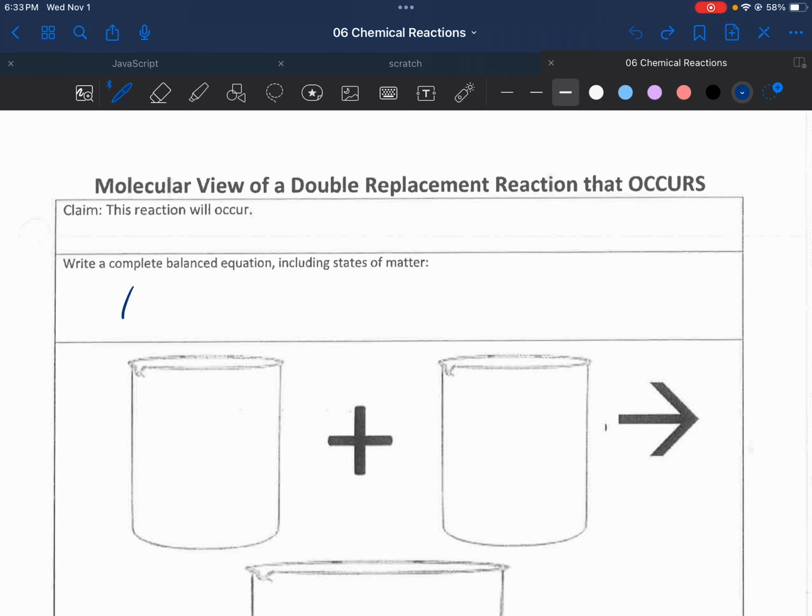So if I were to write the equation, I have an example of aluminum chloride aqueous with potassium hydroxide, which is also aqueous, and together they are forming aluminum hydroxide.